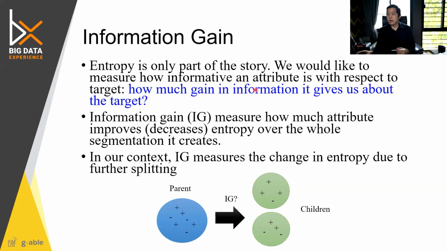Information gain would calculate the gain of information by calculating the decrease in entropy. So the basic idea is very simple. You just take entropy of the parent before division, and then minus the entropy that you got from children after division, and then you have this IG, the information gain.